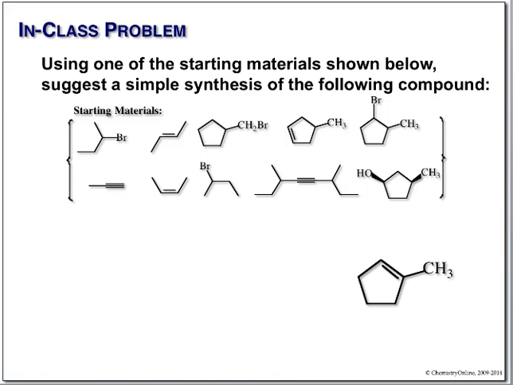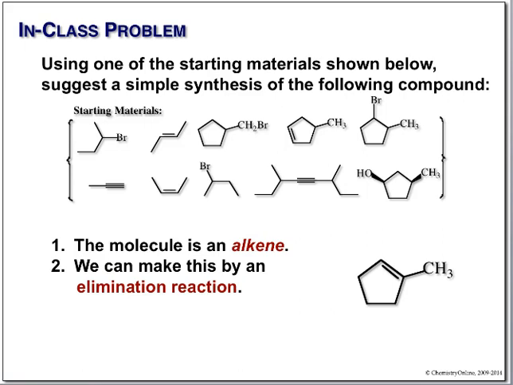So, we need something with a leaving group here, where we can do either an E1 or an E2 elimination. It's an alkene. We're going to make this by an elimination reaction.